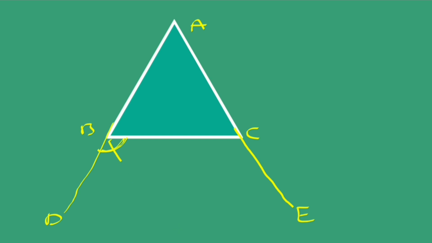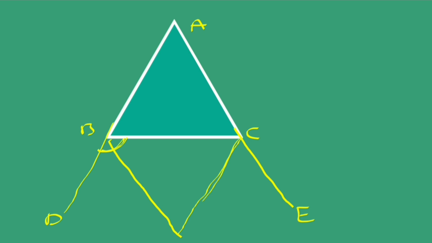This line is the exterior angle bisector, and this ECB is also an exterior angle. Yes or no? Now this line is the exterior angle bisector.